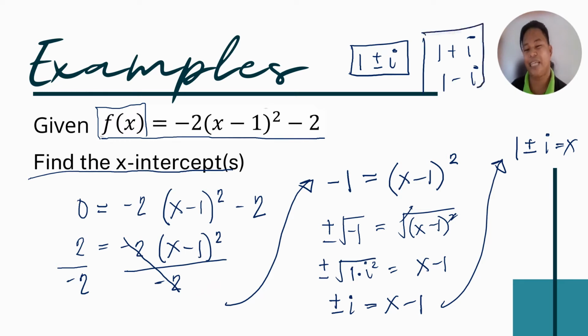And the x-intercepts that we get are not real roots or not real solutions po. Since they are imaginary numbers po. Since meron pong i. So, ibig sabihin po, the graph has no real x-intercepts po.